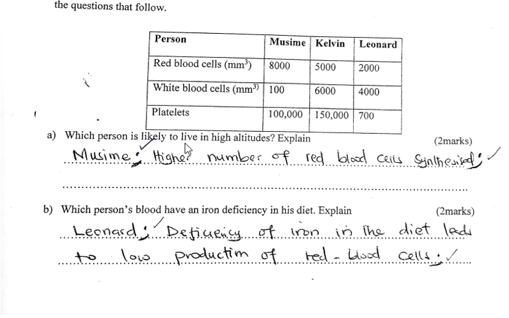Part A. Which person is likely to live in high altitudes? Explain. To answer that question, we must see the person with highest number of red blood cells, and that is Musime. In high altitudes, we have insufficient amounts of oxygen, and therefore the body readjusts by producing more red blood cells for efficient transportation of oxygen.